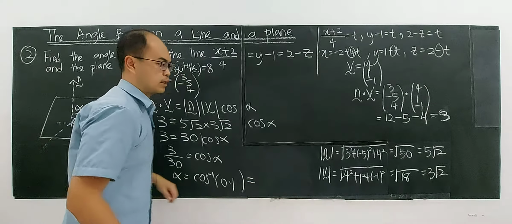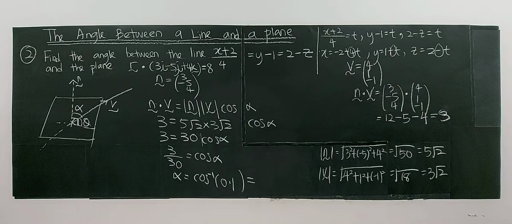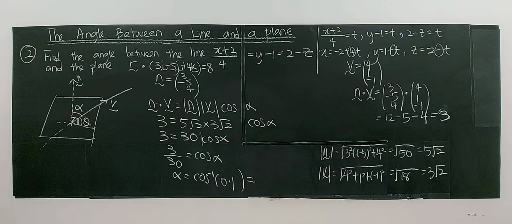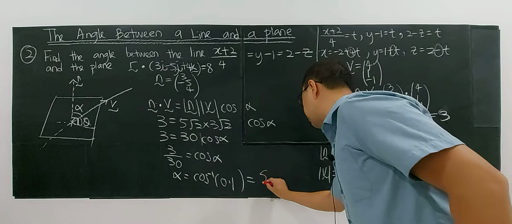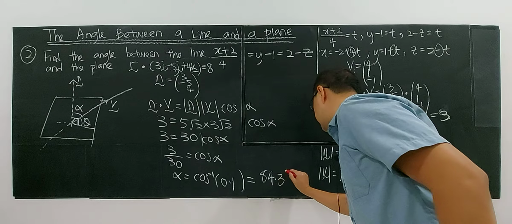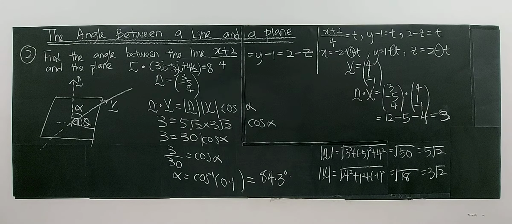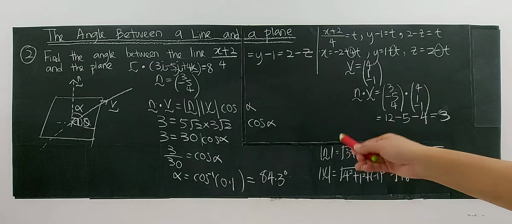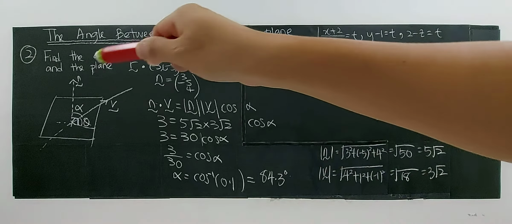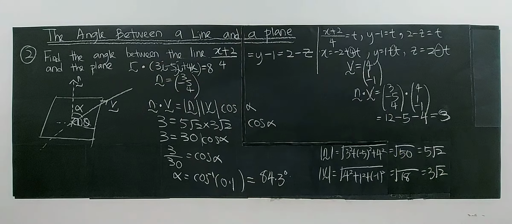Which is 0.1. And let's find the angle, which gives 84.3 degrees. But this is the angle between the normal and the vector.